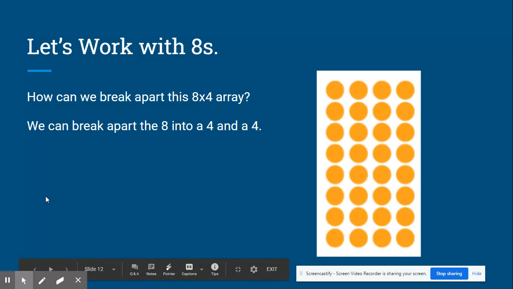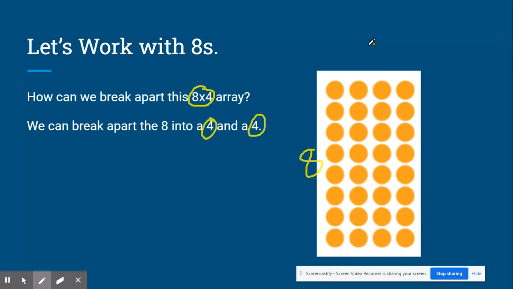So last but not least, we are working with eights. So the first way that you can break up anytime you see a factor of 8 is into a 4 and a 4. So when I'm looking at this array, I have 8 times 4, of course. But when I look at this, what I really want to look at it as is a 4 by 4 and a 4 by 4. So what I really have is 4 times 4 and another 4 times 4.